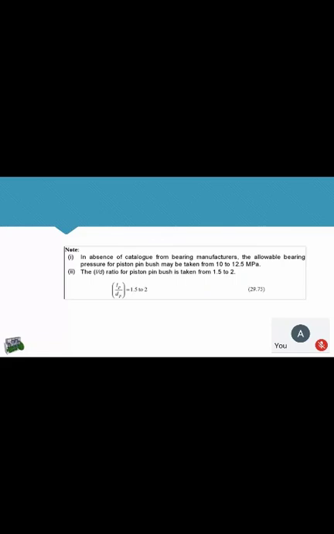Next, in the absence of data, if the data is missing, the bearing pressure can be assumed somewhere between 10 to 12 megapascal, whereas L by D ratio can be assumed as 1.5 to 2.